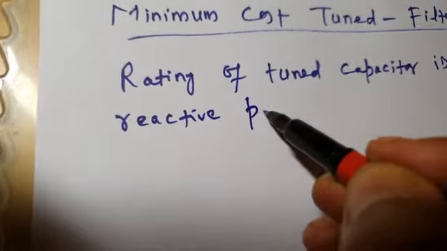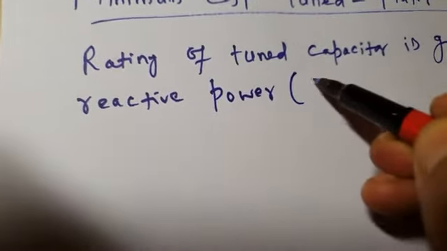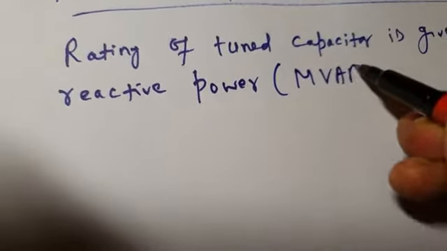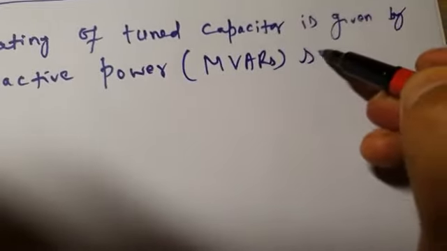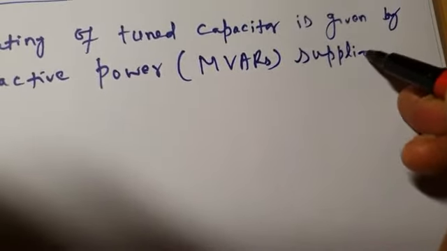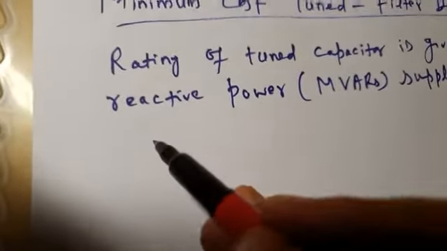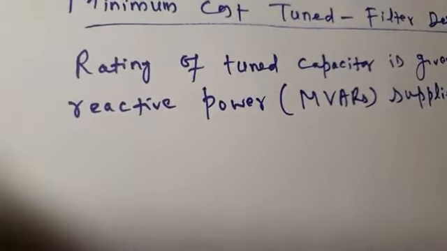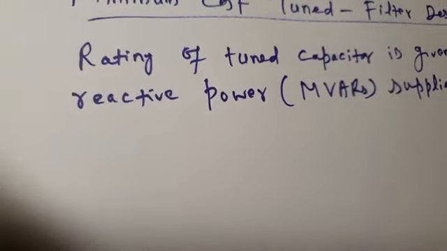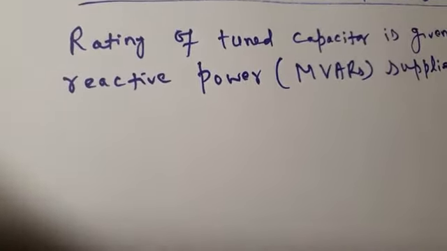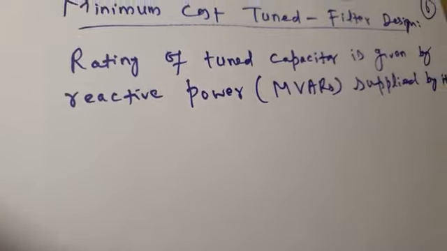The reactive power is in megawatts, supplied by it, injected by it, or generated by it. You already have reactive power compensation equipment in your HVDC system.